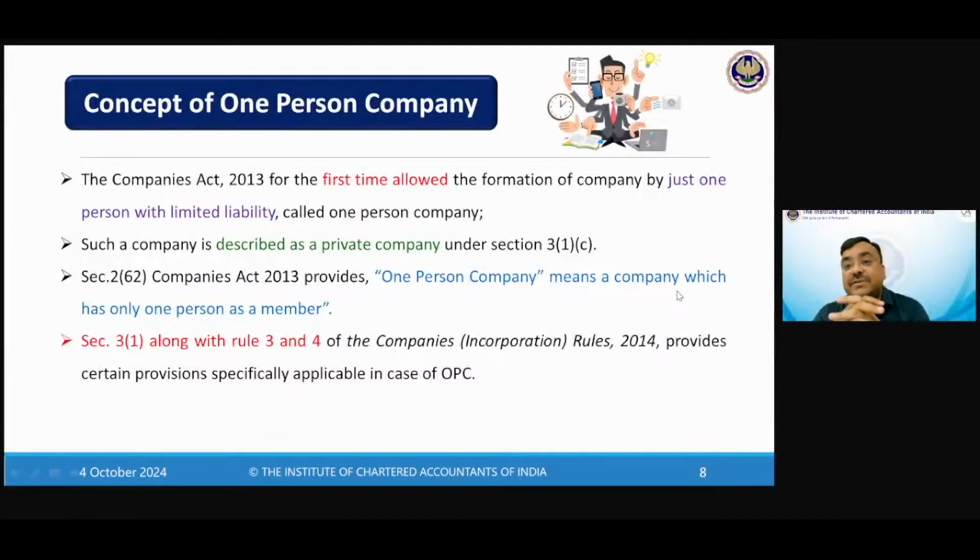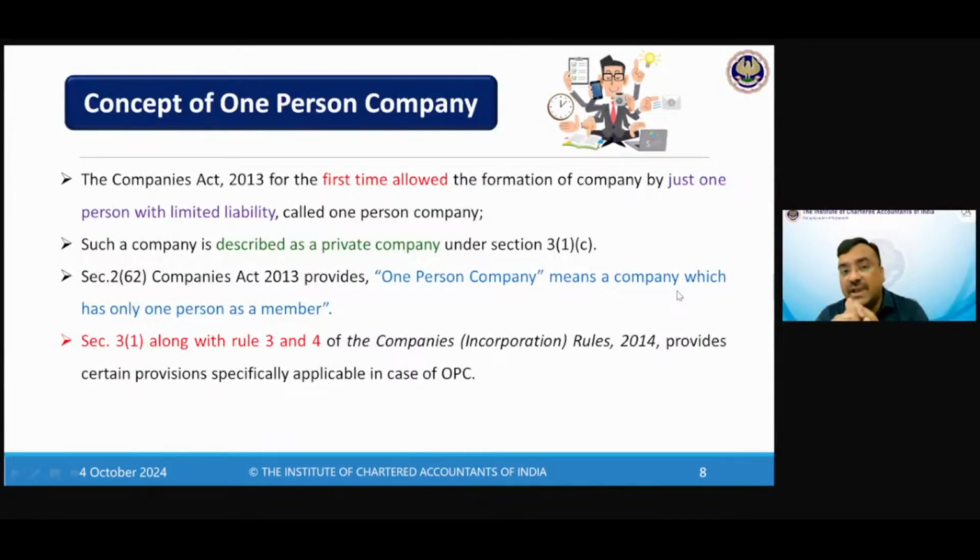Section 2, clause 62, the only section which defines the OPC. OPC means a company which has only one person as member. Section 3, subsection 1 should be read along with rules number 3 and 4 of the Companies Incorporation Rules 2014, which provide certain provisions regarding the incorporation of OPC.